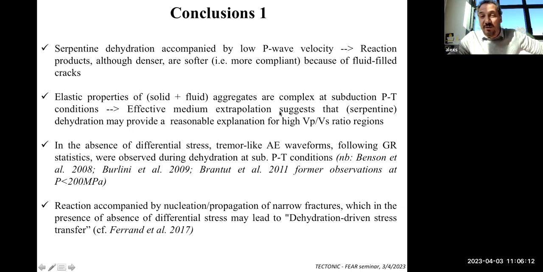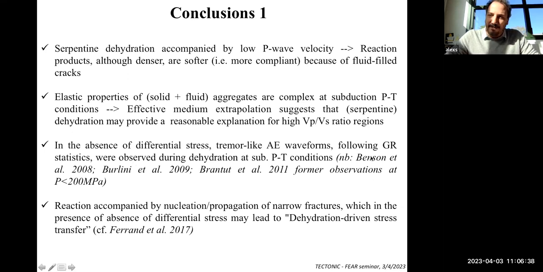Ours at least suggests that serpentine dehydration may provide a reasonable explanation for the high Vp/Vs ratio regions. And in the absence of differential stress, we observe tremor-like waveforms, which is also compatible with observations in subduction zones. They follow the Gutenberg-Richter statistics, and they are observed at the right dehydration subduction zone PT conditions.